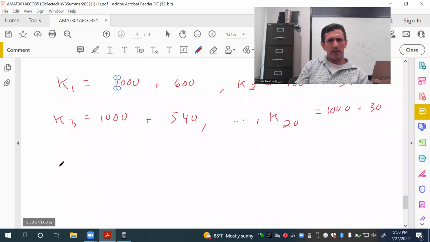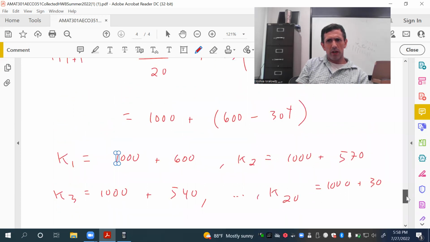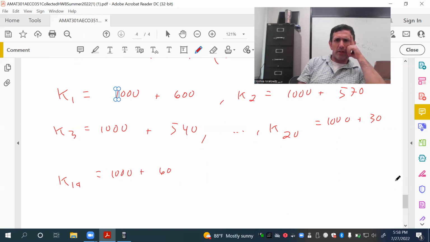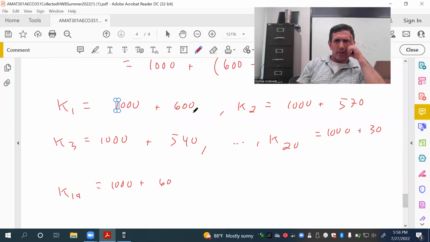If you had K19, I guess I probably should do that too, T equals 18, you're going to get 1,000 plus 60. So the point is it's decreasing by 30 each year: 600, 570, 540, all the way down to 60, then 30. Okay.